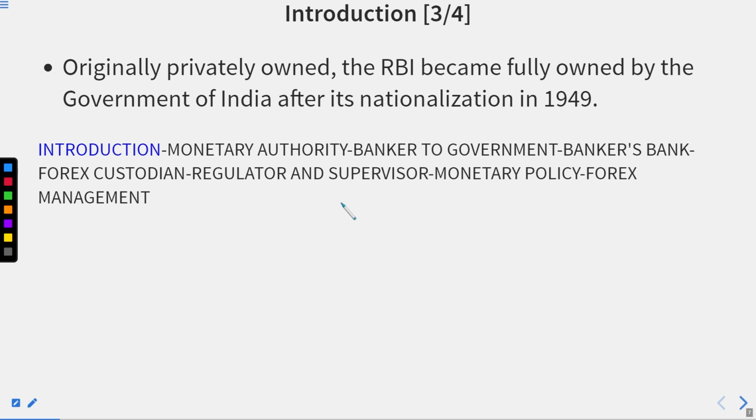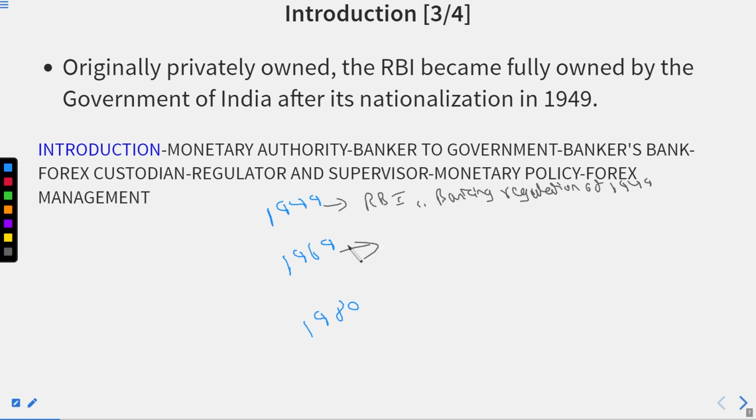Originally privately owned, the RBI became fully owned by the Government of India after its nationalization in 1949. I had also told you this when I explained that banks were nationalized in India in three phases. The first phase was 1949, when the RBI was nationalized and the Banking Regulation Act was passed, which made the RBI the official regulator and controlling authority over the banking and financial system of India.